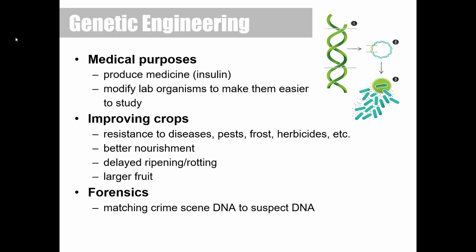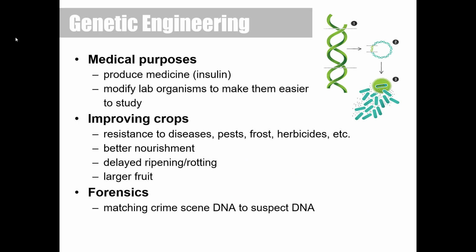For medical purposes, genetic engineering is used to produce medicines and vaccines like insulin. We can use genetic engineering to modify lab organisms to make them easier to study. In agriculture, genetic engineering is being used all over the world to improve crops.